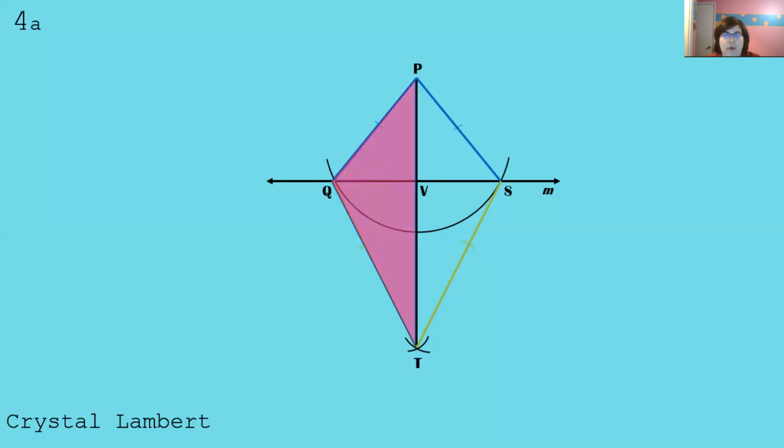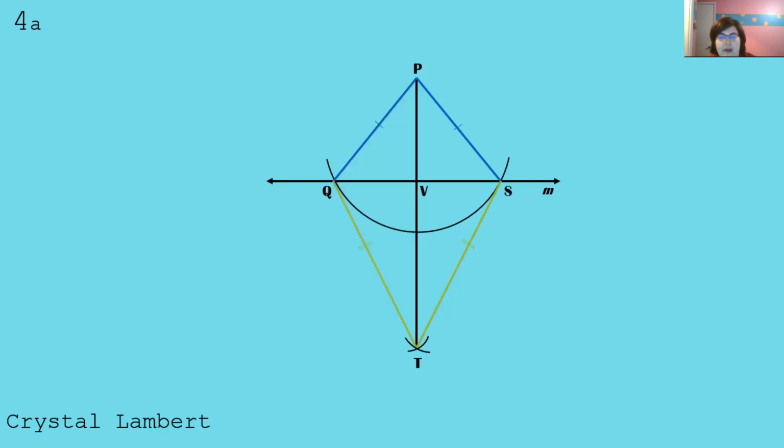So first, we're going to look at triangle QPT, and it says that it's congruent to triangle SPT. So what are some things that we see about each of these triangles? Well, what we notice is the line segment QP is congruent to the line segment SP.